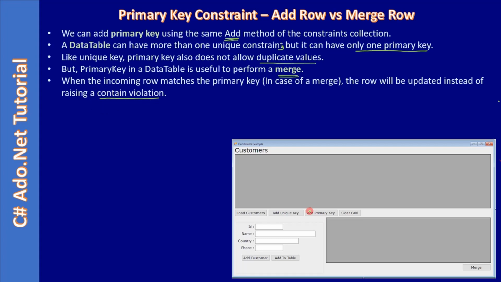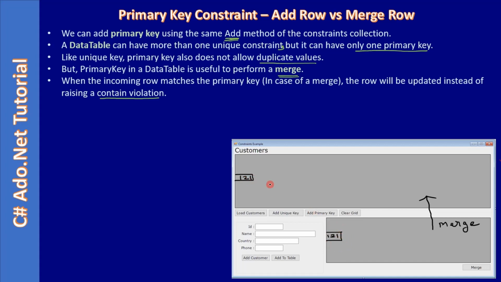Here, this is the in-memory table, and let's say you are performing a merge. Let's say there is an ID column with value 1 to 1, and in the incoming table also we have a row with ID 1 to 1.